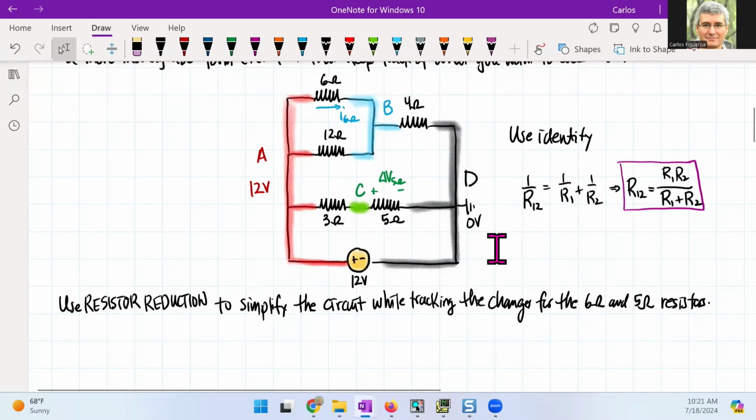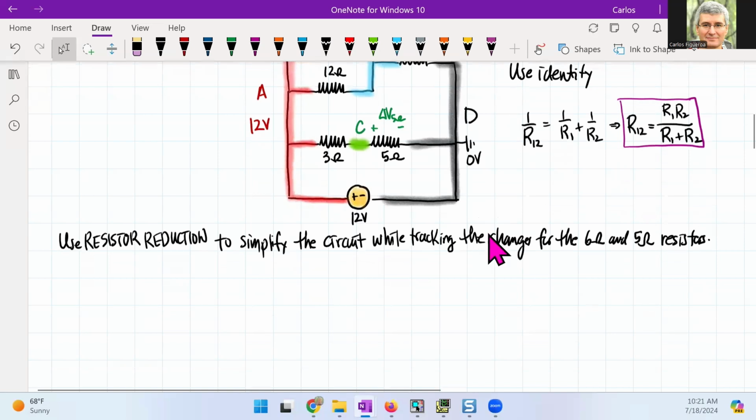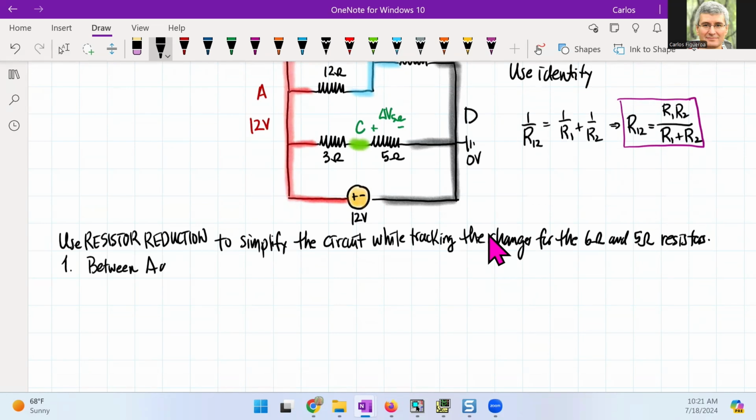Between nodes A and B, the 6 ohm and 12 ohm are in parallel.